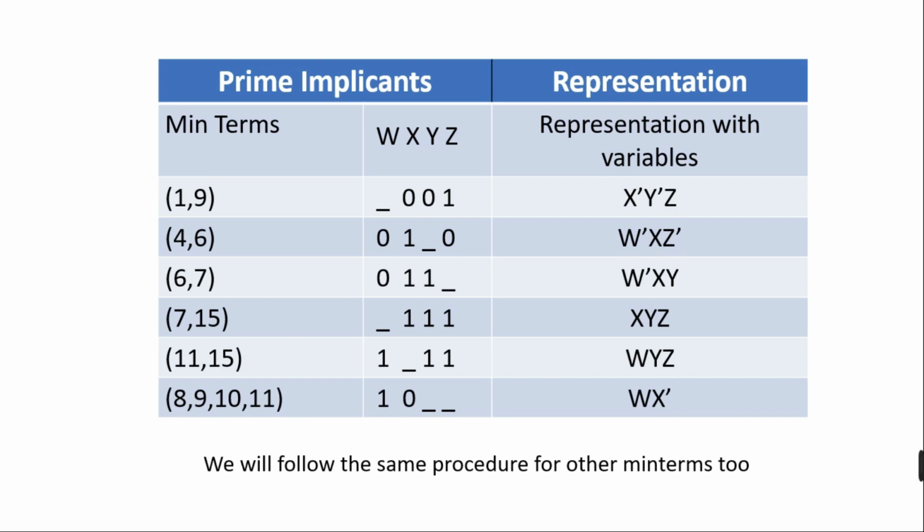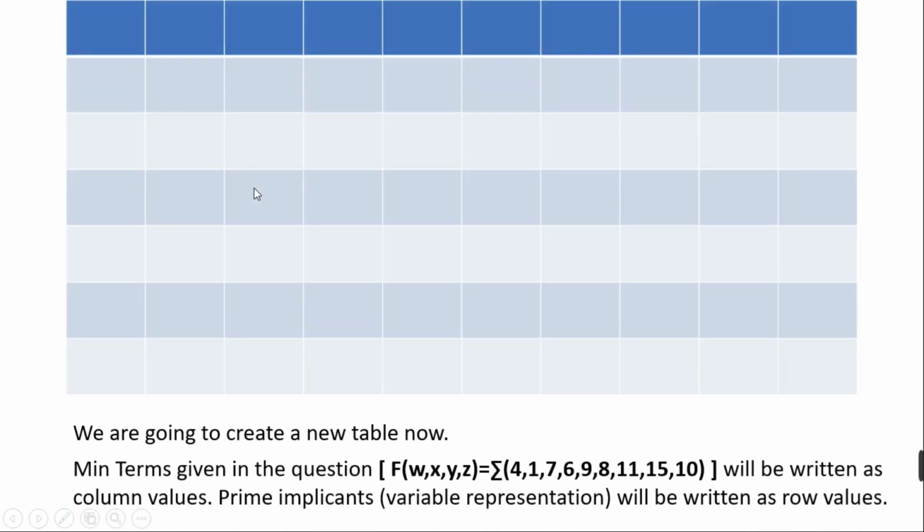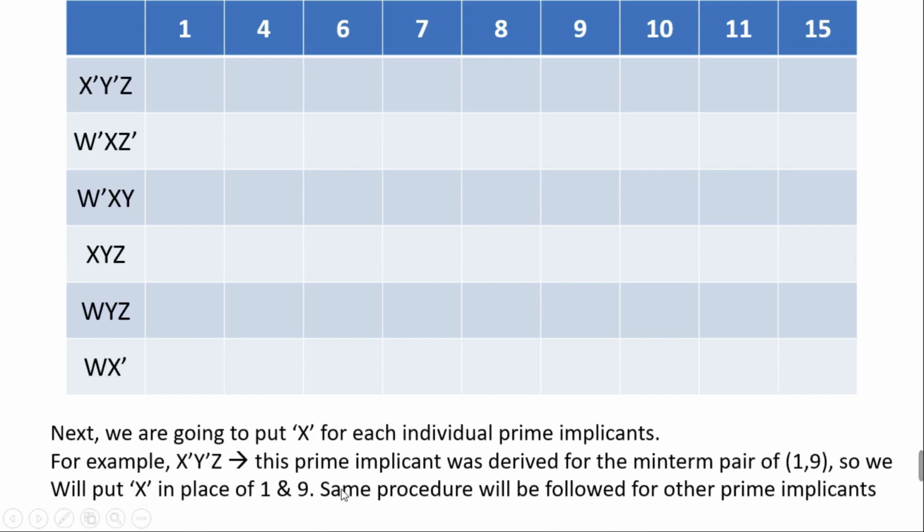You can see x prime, y prime, z was written for the pair 1 and 9. So we'll put X in the places of 1 and 9.